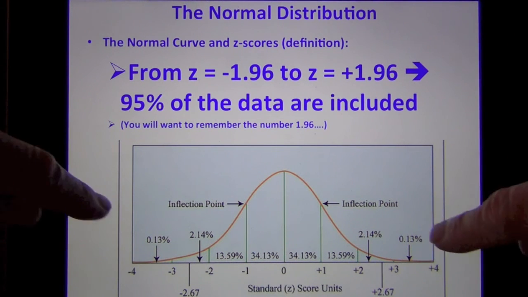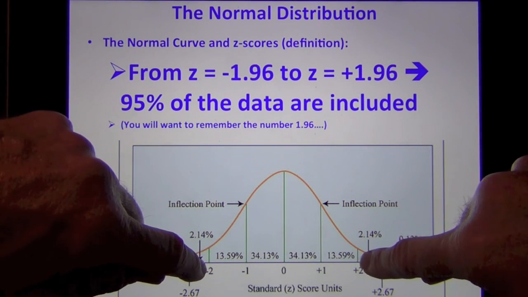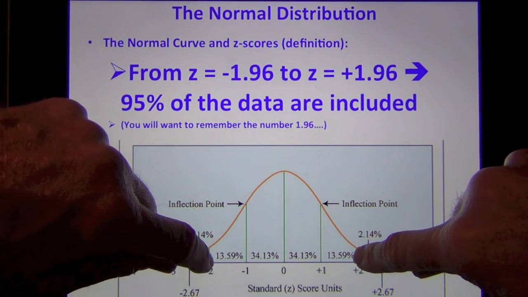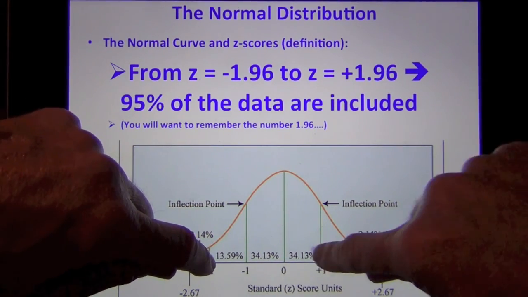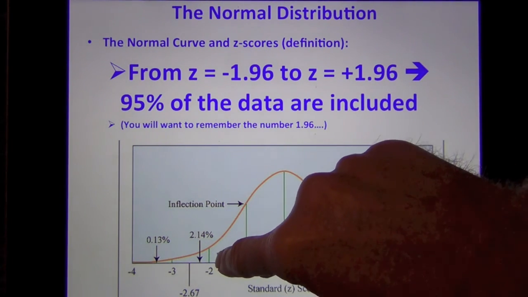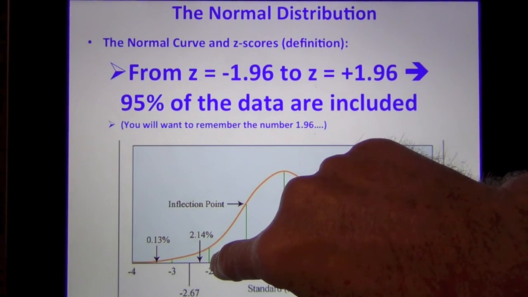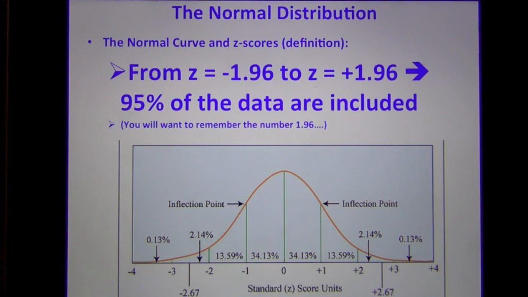Essentially, if the z-score is 1.96, which is just inside this plus 2 and just inside this minus 2, from right about there to there captures about 95% of the data. In every normal curve, 95% of the data are located between a z-score of minus 1.96, just about there, and plus 1.96, just about there.